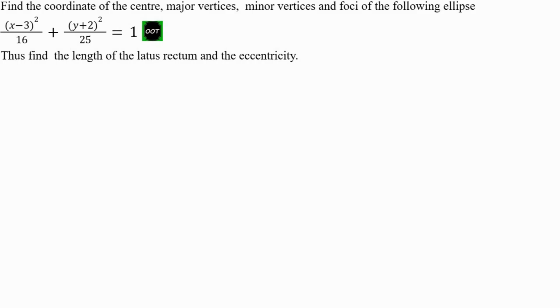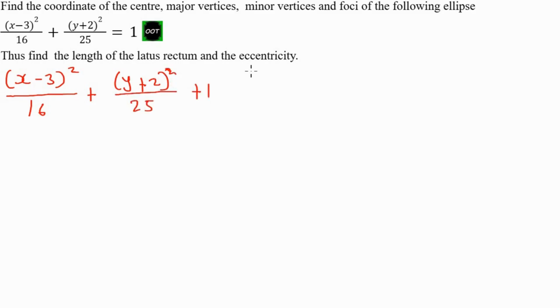Thus, find the length of the latus rectum and the eccentricity. So now, the equation is given as (x minus 3) all squared divided by 16 plus (y plus 2) all squared divided by 25 plus 1.